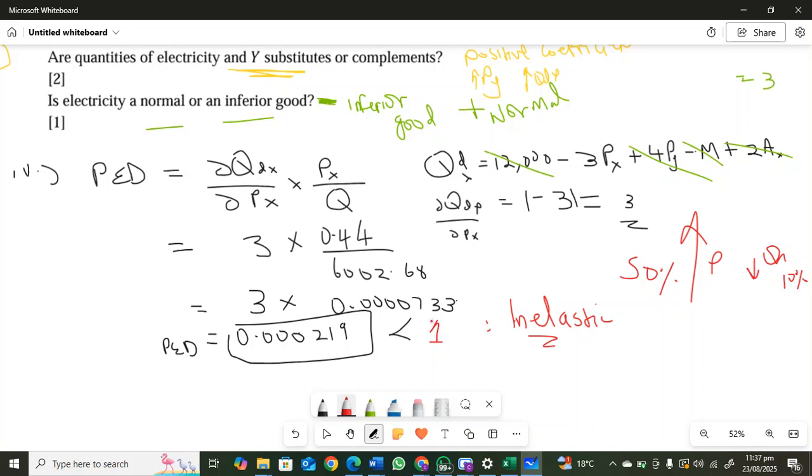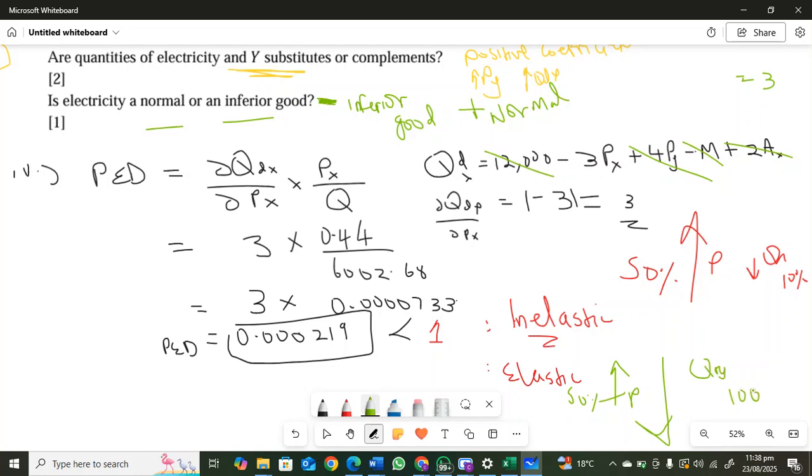If our value was greater than 1, where demand is elastic, it means quantity demanded is sensitive or responsive to changes in price. For example, if demand was elastic and price increases by 50%, you find quantity demanded will drop by 100% because it's responsive.